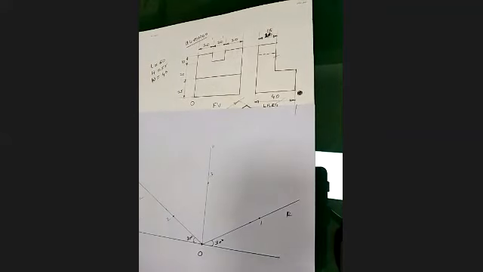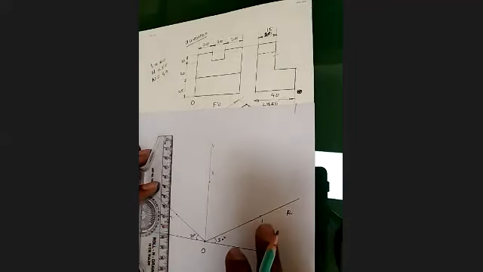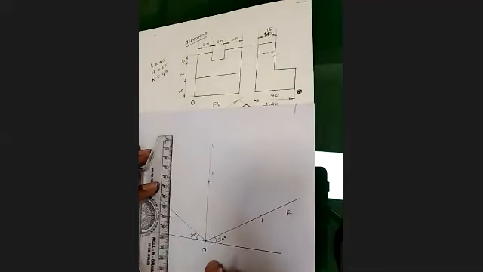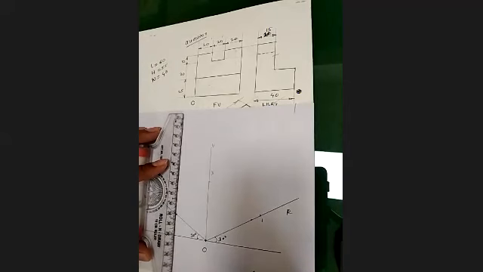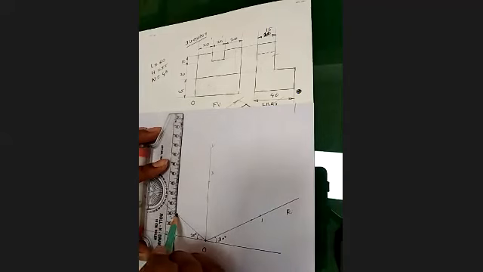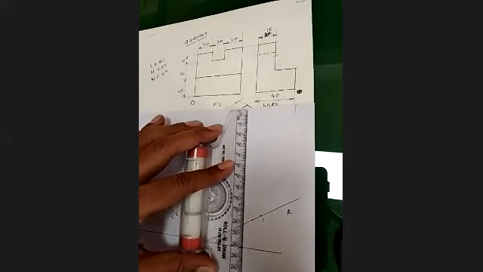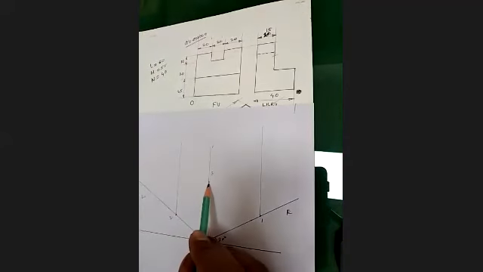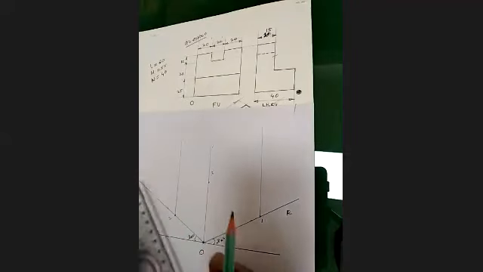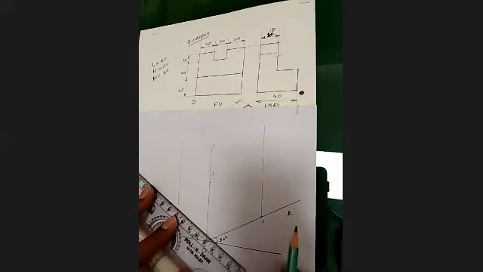Now I repeat the procedure as usual. Through points 2 and 1 on the left and right axis, I will be taking the line parallel to the vertical axis first. Then through point 3, that is of height, on the vertical axis, I will take the line parallel to the left axis as well as the right axis.